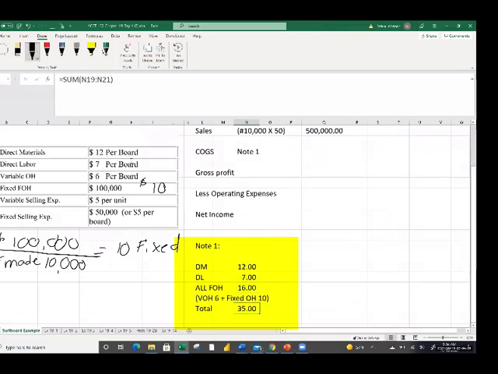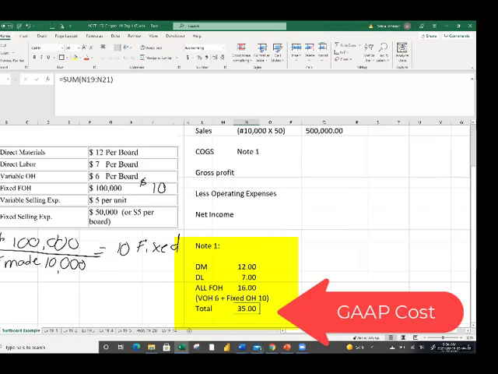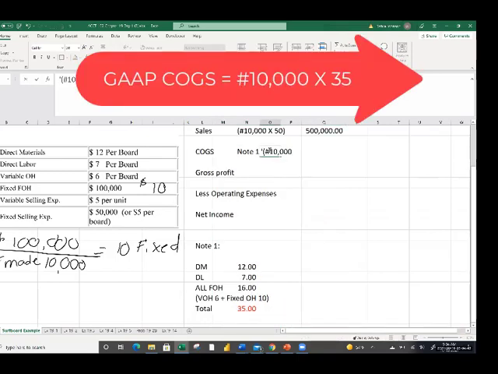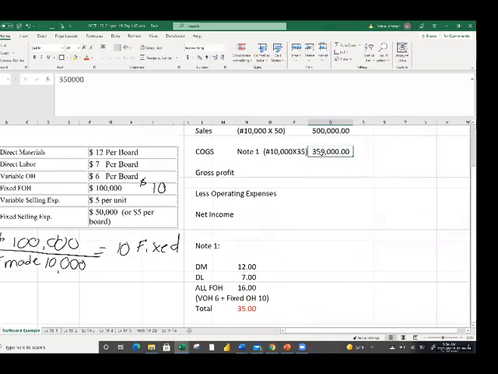I get $35 per unit. So my cost of goods sold up here, which we've delineated in note 1, would be 10,000 units at 35. The 35 came from that red number down below. So cost of goods sold would be $350,000.